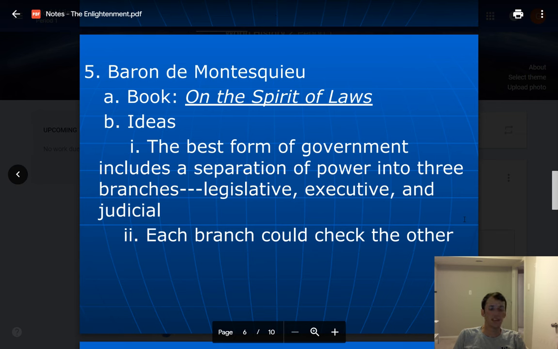So he feels that each of these branches should have what are known as checks and balances. Checks and balances are the way that these different groups interact with one another to basically limit the other group's power, so that one group can't get the upper hand. That's the idea anyway. And that's kind of how our government is designed here, right?